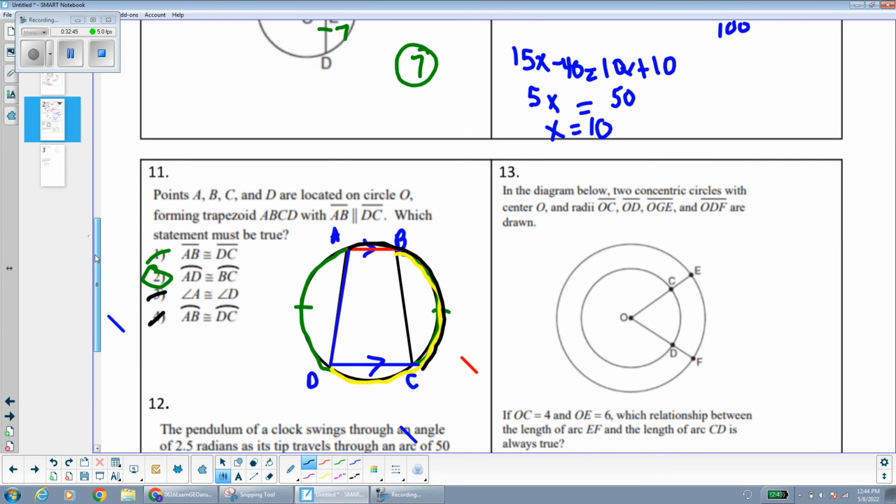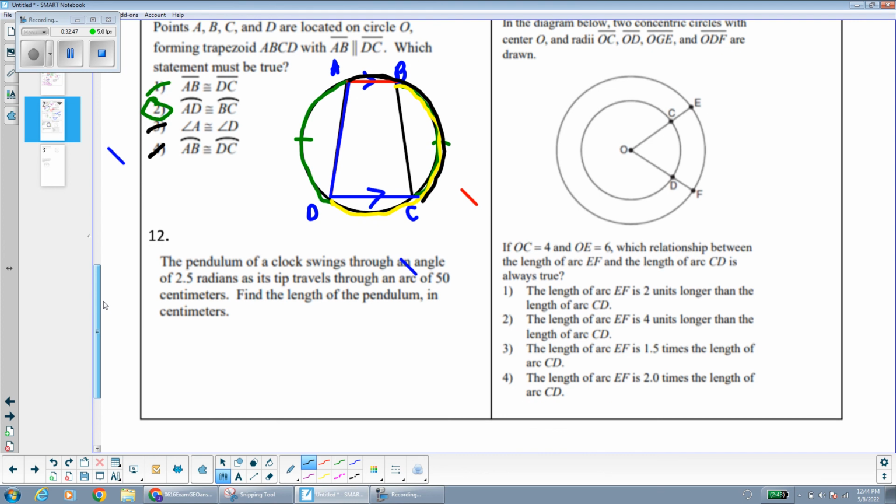Okay, number 12. The pendulum of a clock swings through an angle of 2.5 radians as its tip travels through an arc of 50 centimeters. Find the length of the pendulum in centimeters.